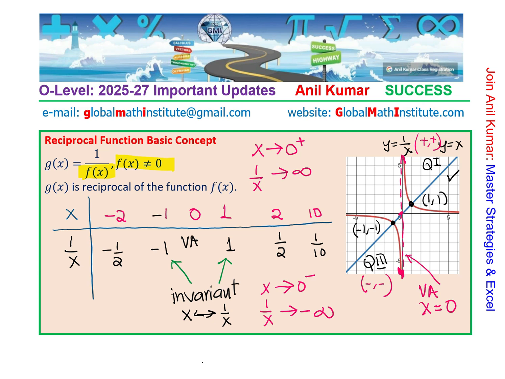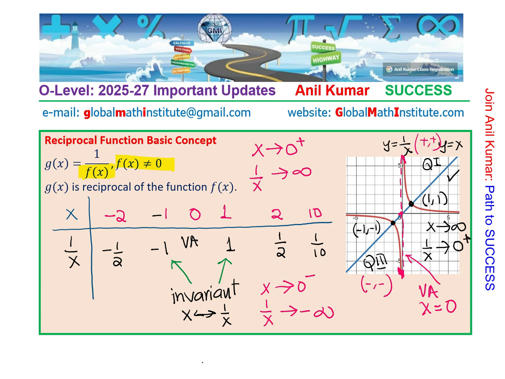Now, what happens when x approaches an infinitely large value? When x approaches infinity, you're dividing by infinity, right? So in that case, 1 over x approaches 0. And definitely, if you are approaching from the positive side, you are approaching 0 from the positive side.